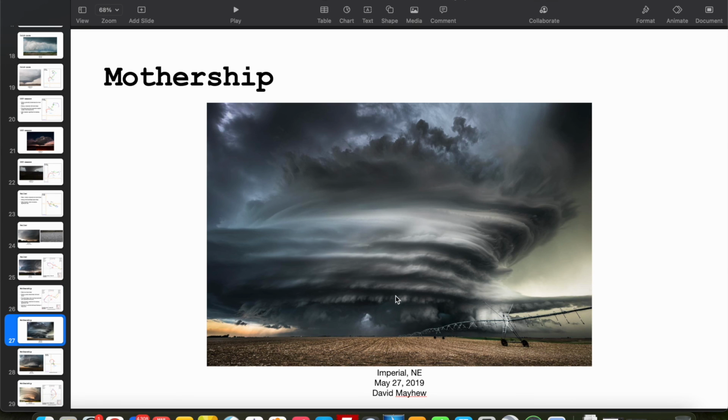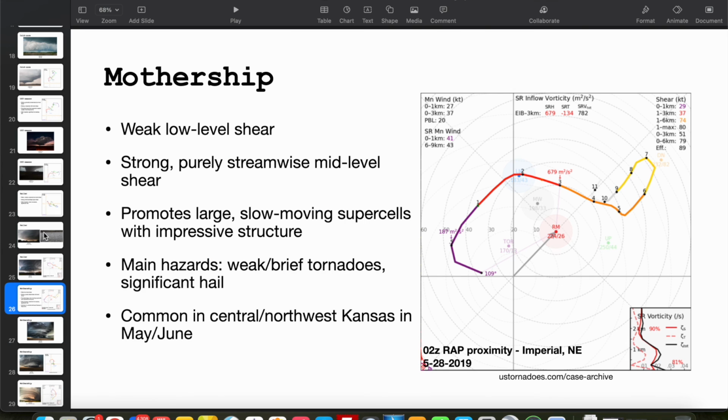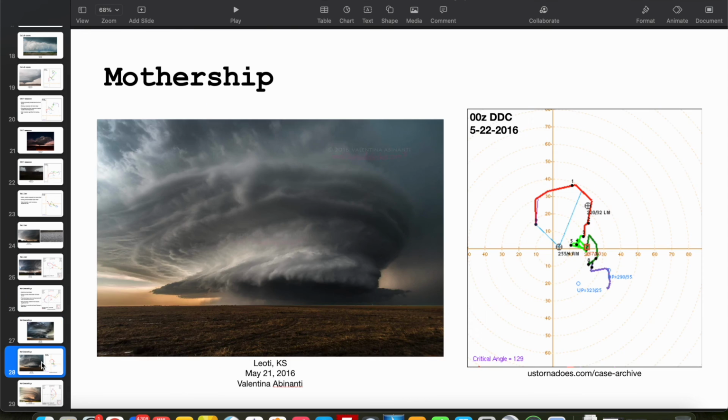Just epic structure with this storm, and that's because you had so much streamwise vorticity in the mid-levels. This did produce a couple brief, weak tornadoes, but again, that crosswise vorticity in the low levels kind of prohibits long-lived, strong tornadoes from these storms. But again, the structure is going to be the main show with this kind of hodograph. Another example here, the Leoti, Kansas supercell, May 21st, 2016.